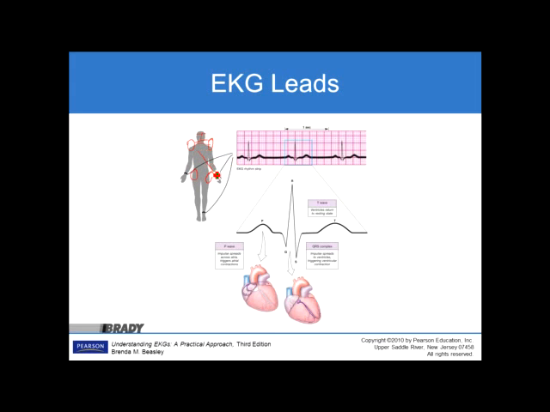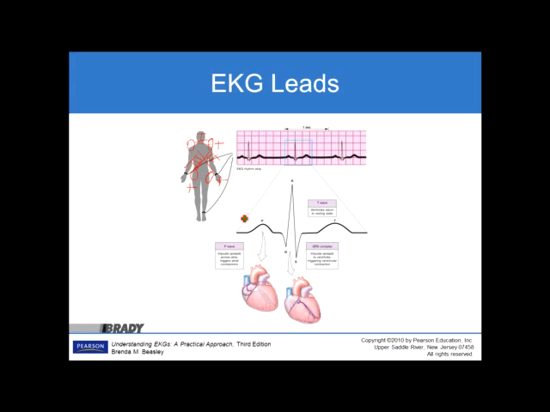This is lead 2. And then this right here, this cross-lateral, is lead 3. Positive electrode in lead 1 is here. Positive electrode in lead 2 is here. Positive electrode in lead 3 is here. Leads 1, 2, and 3.